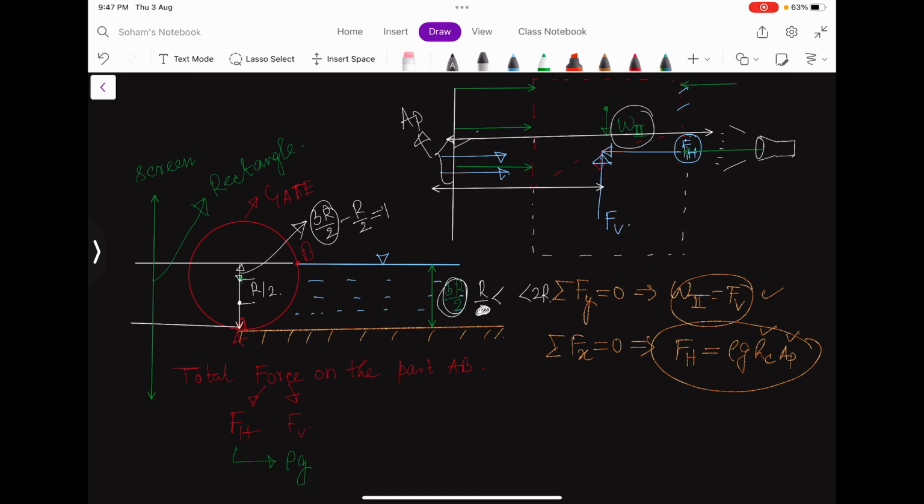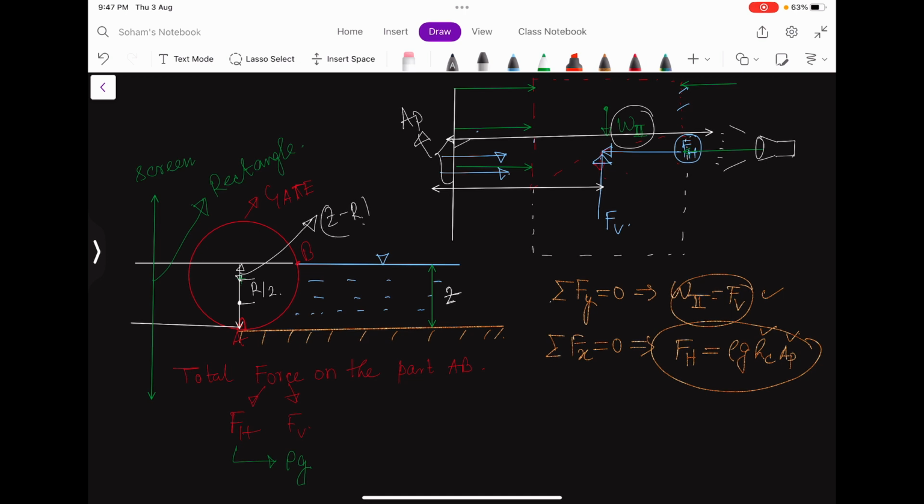I cannot get the actual value, so I have to pose the problem. Let us say that this is z, for avoiding any confusion right now. Then this part is z minus r.